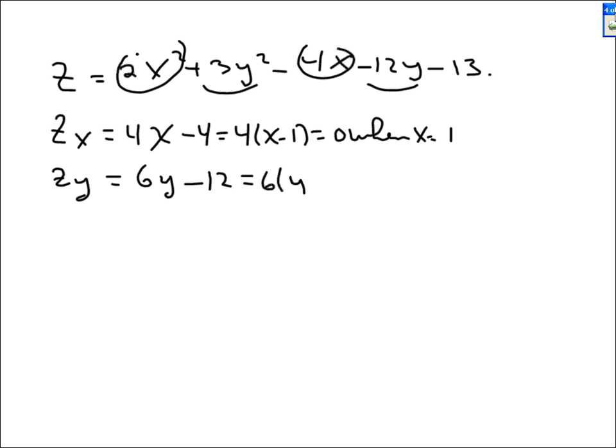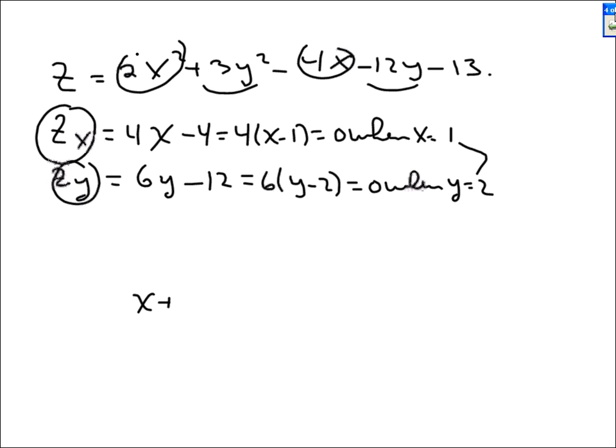This is 6 times y minus 2. And this is equal to 0 when y is 2. Sometimes this will be a function of x and y, like the last time, and z_y can be a function of y. And then you have to solve them simultaneously. So the critical point is x equals 1, y is equal to 2.